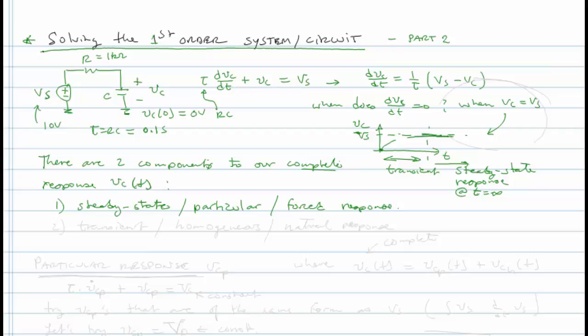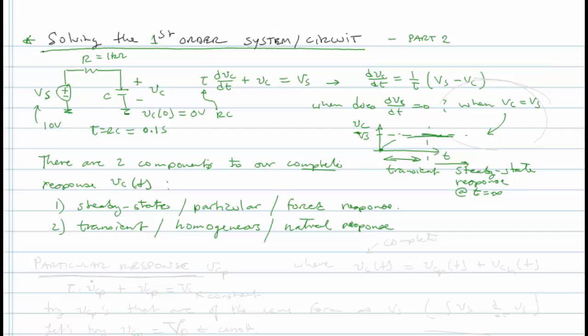Because we can think of Vs, the external, independent source in the circuit, as forcing, imposing itself onto the circuit, and the circuit responds to that forcing. And then secondly, there is a transient, or homogeneous, or we also call it a natural response. These are all kind of interchanged.